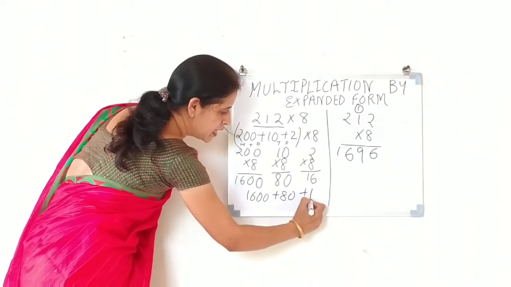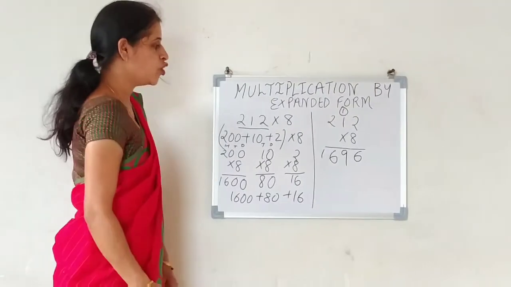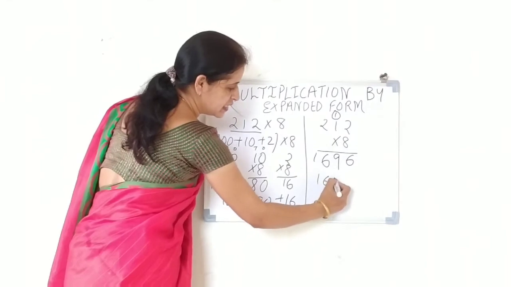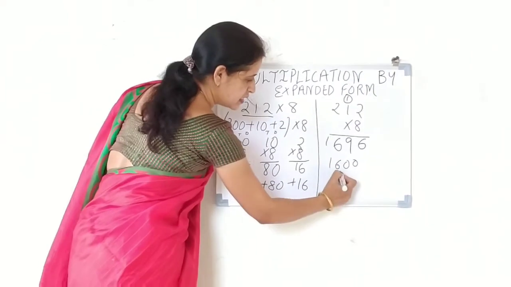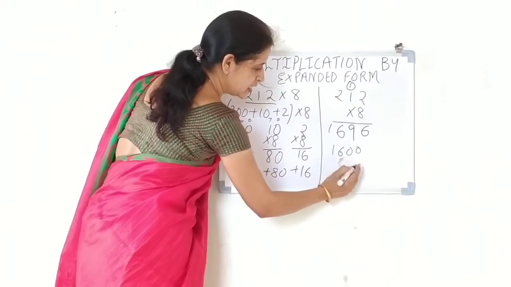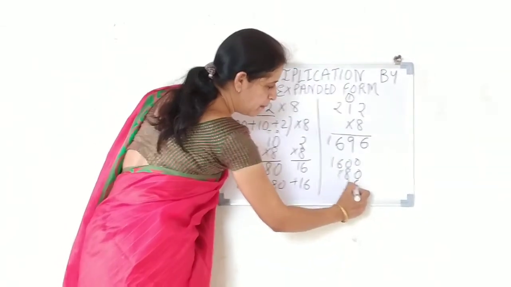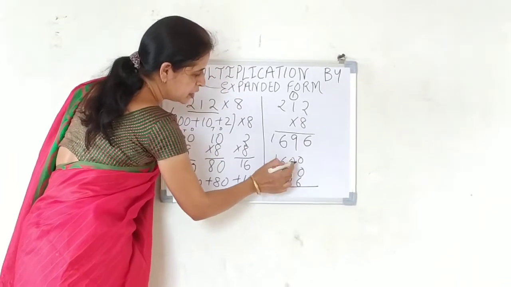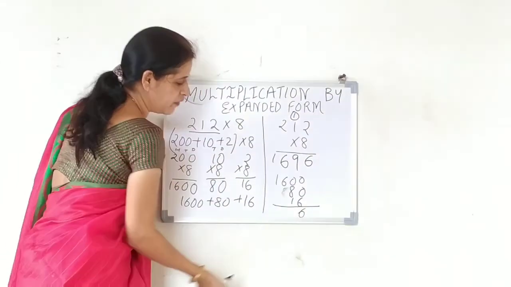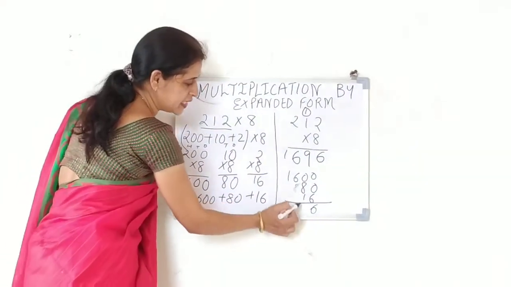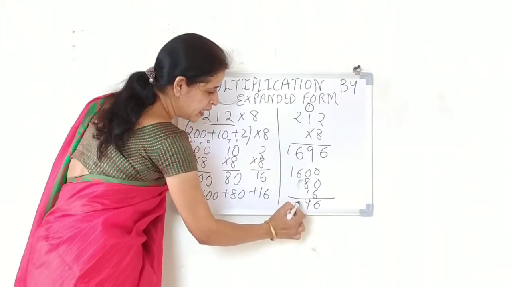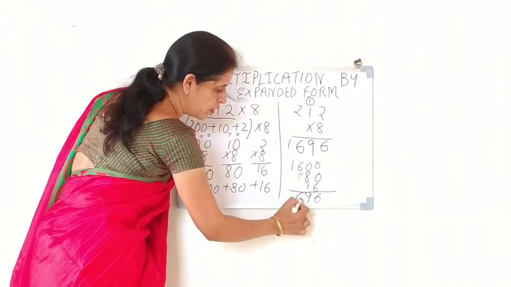What do we get when we add? Okay, let's add 1600 plus 80 plus 16. In the ones place we have just the number 6. We'll write 6. In the tens place, 8 plus 1 is 9. In the hundreds place, we'll write 6.